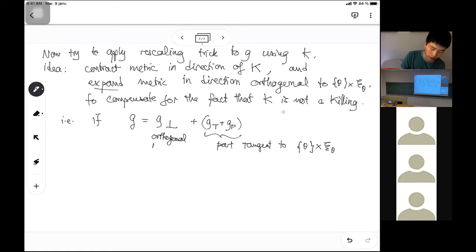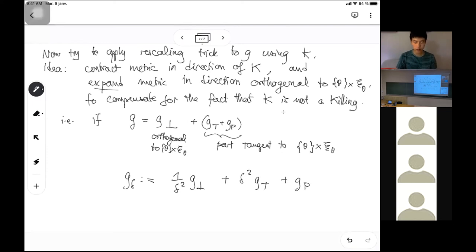Here you're orthogonal to the slices. Then you look at this metric, and theta plus delta plus pp.